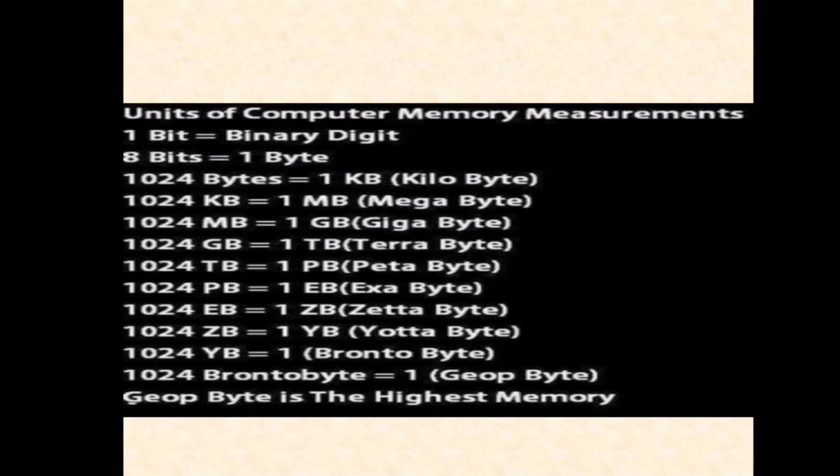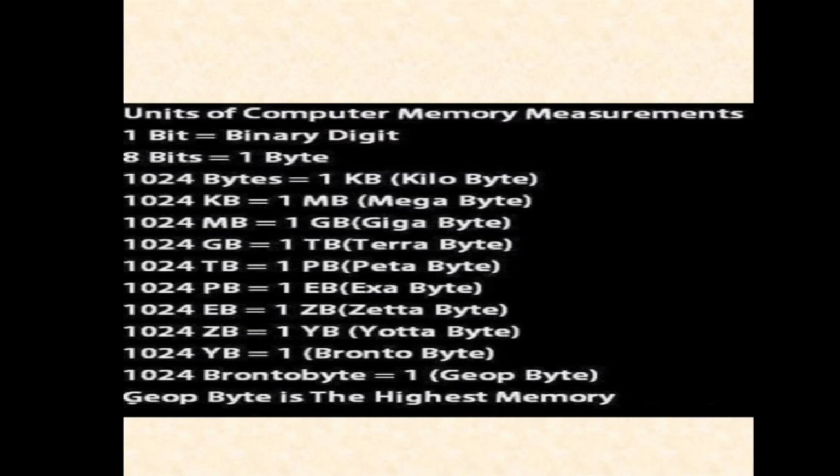If the computer is storing 1024 kilobytes, it will be called 1 MB of data. Then next, 1024 megabytes stored in its storage device will be called 1 gigabyte, 1 GB. Then 1024 GB will be equal to 1 terabyte.